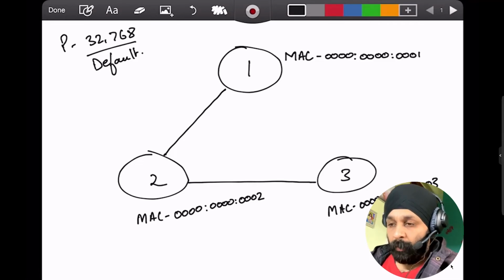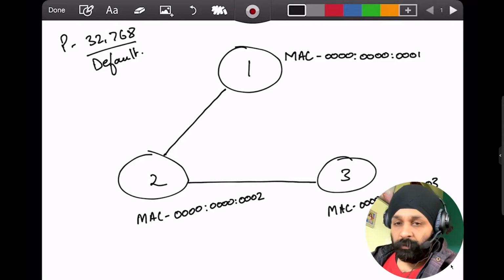Now, switch 1, when it receives this BPDU, sees that the bridge ID is inferior to what switch 1 has, and it drops that BPDU and assumes itself to be the root bridge, and retransmits the packet to all the other switches. But wait a minute, switch 3 also received switch 2's BPDU, saying that switch 2 is the root bridge.